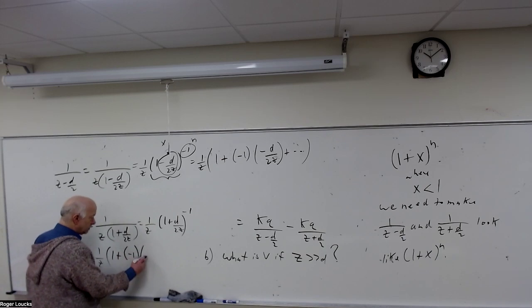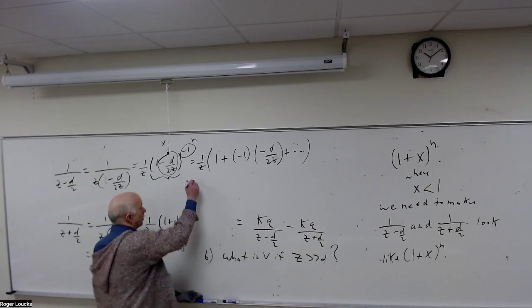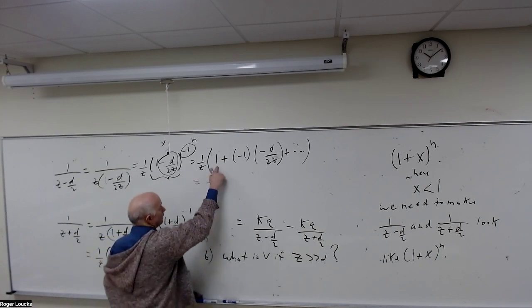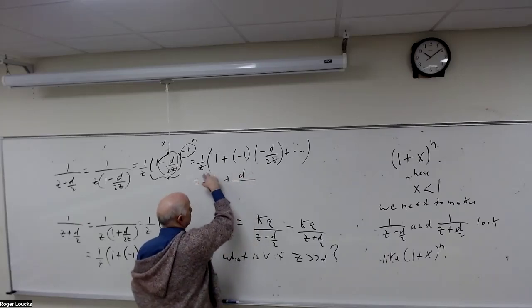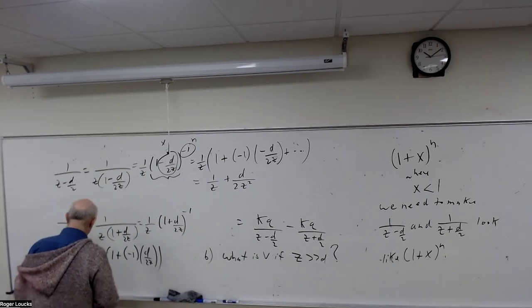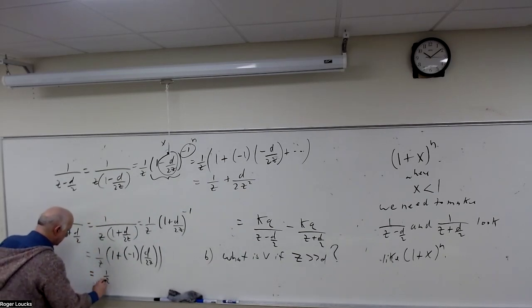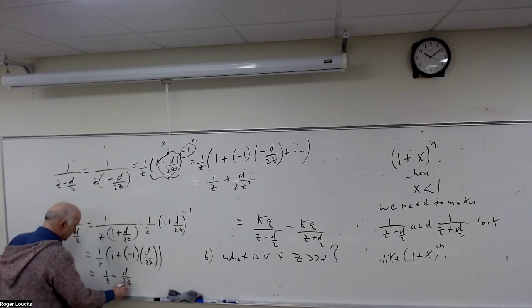Minus 1 times D over 2Z. If I work this out, we get 1 over Z here, and this guy. Minus and minus make a plus, so this is plus D. This Z and this Z make 2Z squared. Whereas down here, if I multiply this out, I get 1 over Z minus D over 2Z squared.